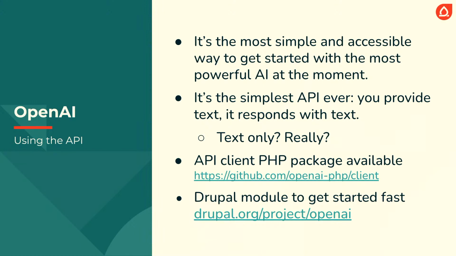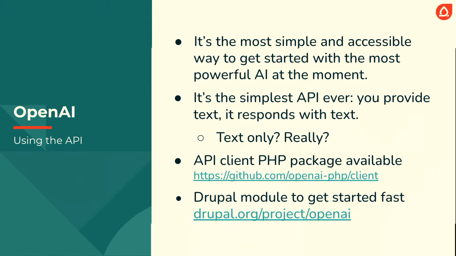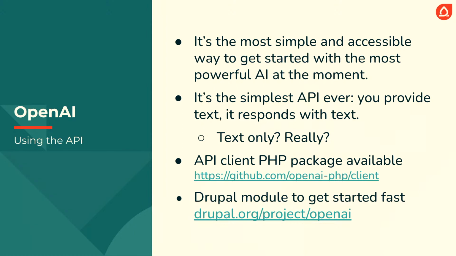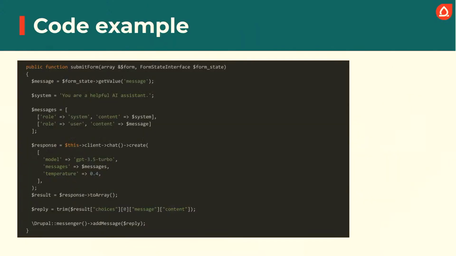There is a PHP package already available for communication with the API, the OpenAI PHP client. If you want to really start using code, I would recommend this package, because then you can just use their functions and off you go.